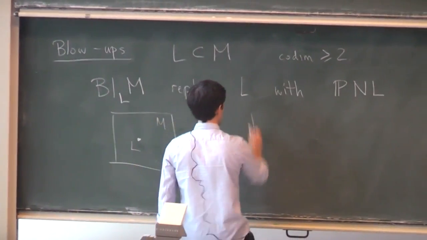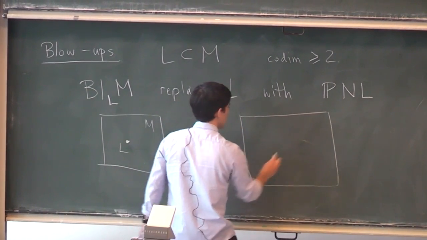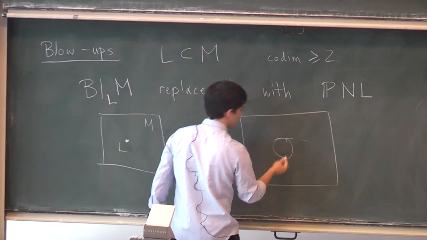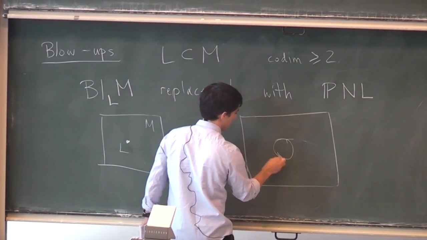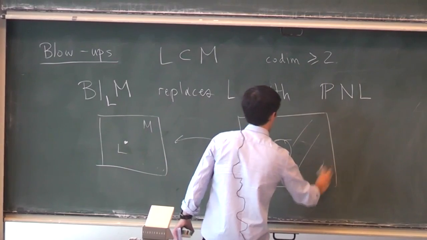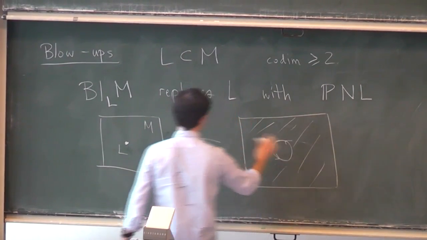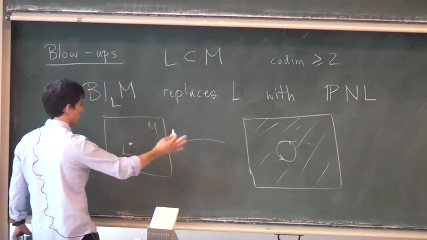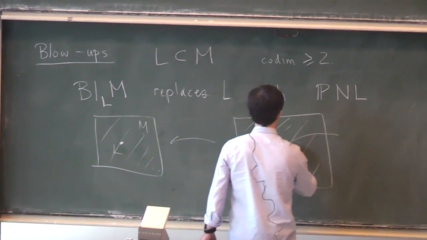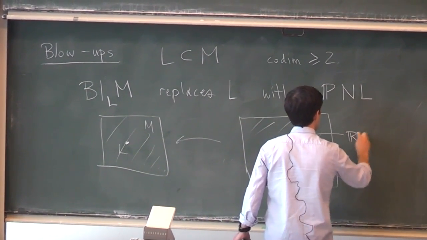So you end up with a picture like this, where I've replaced it with a circle. You could think of it as having a boundary, but then I identify the boundary to make an RP1, and then I get a closed manifold. It's not a manifold with boundary. So this is just an RP1.